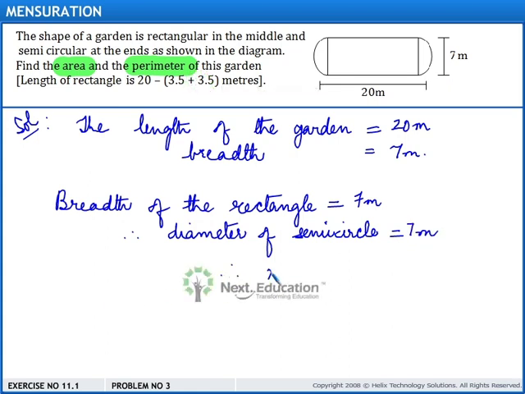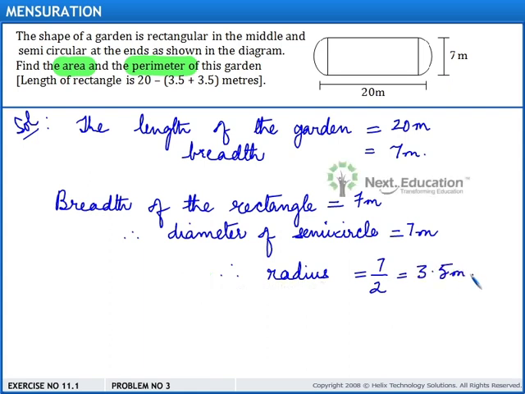Therefore the radius is equal to, we know that radius is nothing but half of the diameter, therefore 7 upon 2 which is equal to 3.5 meters. So this is 3.5 meters and similarly here also we get 3.5 meters.